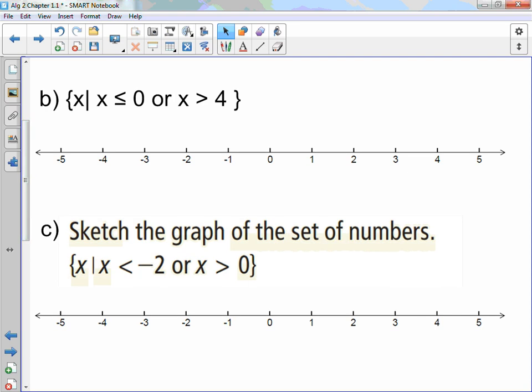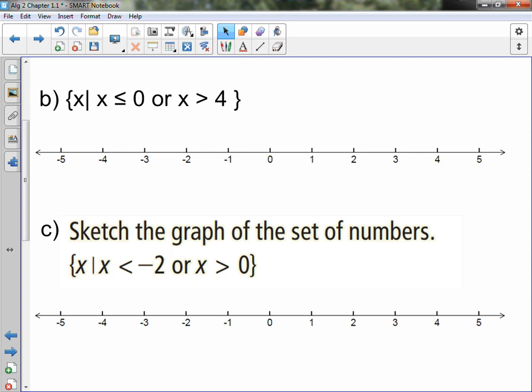Now, letter B is a little bit different than what we've done up to this point, because it says for all real numbers x, such that x is less than or equal to 0 or x is greater than 4. Is this a bounded set? Okay, so x is less than 0, so is negative 2 less than 0?